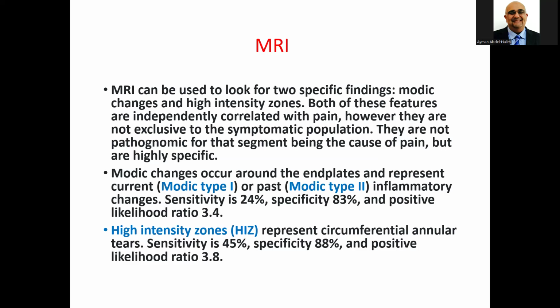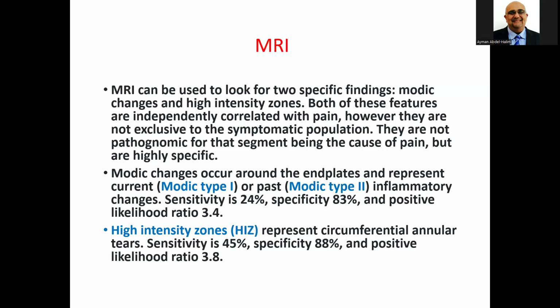Modic changes occur at the end plates and represent current modic type 1 or past modic type 2 inflammatory changes. High intensity zone represents circumferential annular tears, with a sensitivity of 45% and specificity of 88%, while the modic changes have a sensitivity of 24% and specificity of 83%.